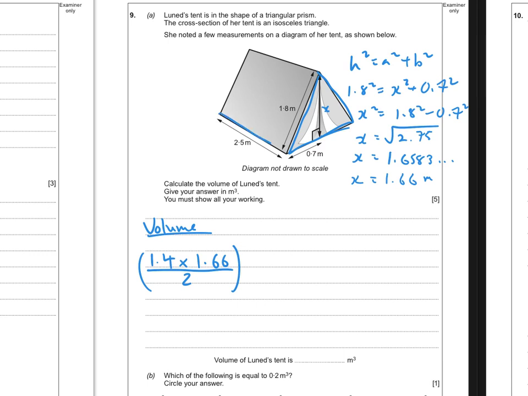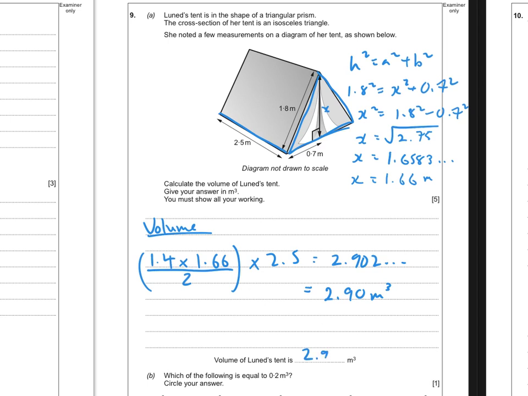We're going to times it by the length of that prism. So times by 2.5. So that times 1.4 divided by 2 times 2.5, we should get an answer of 2.902... So again, rounding it, we should say that's going to be 2.9, or if you want to go to 2 decimal places just to be consistent, 2.90, and it's cubic meters as well.